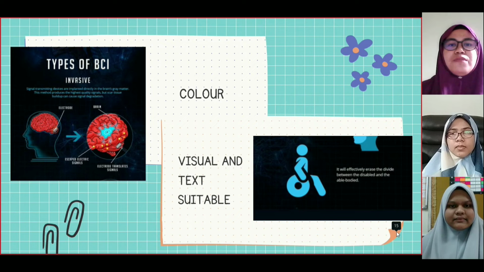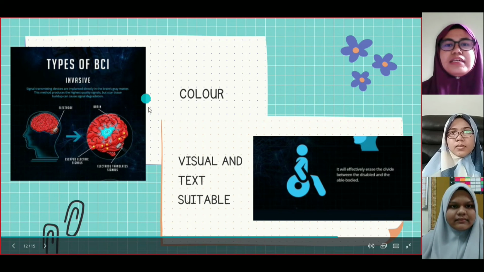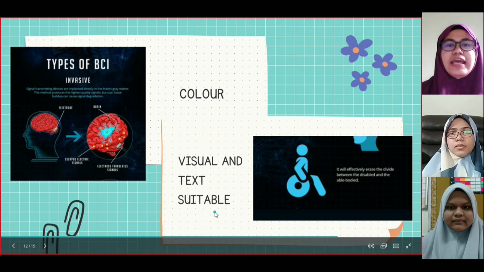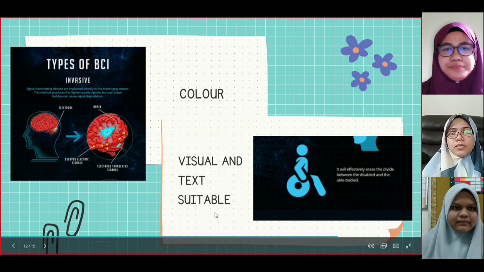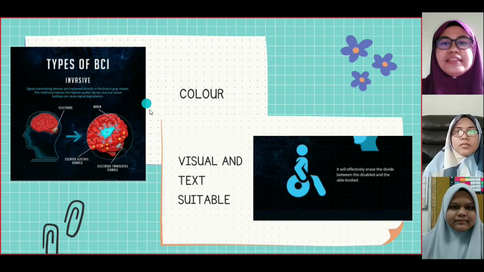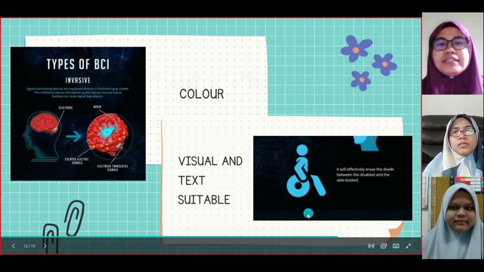I really like this infographic because the colors are well selected and consistent across the background, text, and picture. Dark colors are used for the background, while bright colors are used for images and text. This makes it easy for the reader to read the text clearly. Besides that, very appropriate visuals and text make it easy for the reader to understand what is presented.